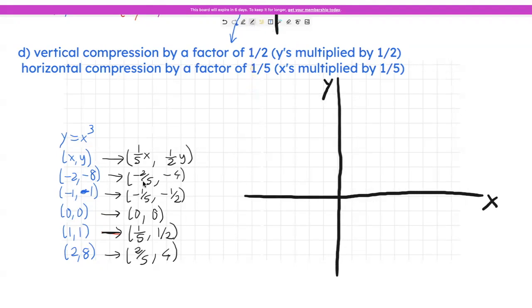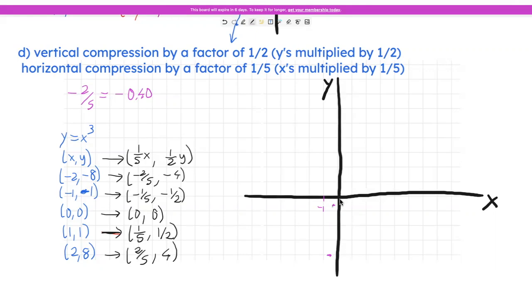Let's see. -2/5. If you don't know what -2/5 is, you can use a calculator. It's -0.4. So it's before we get to 1. So like right here. With a -4, 1, 2, 3, 4. So that's down here. -1/5, even smaller, with a -1/2.